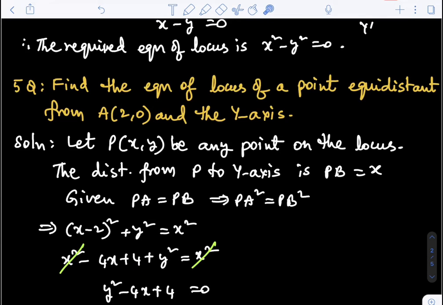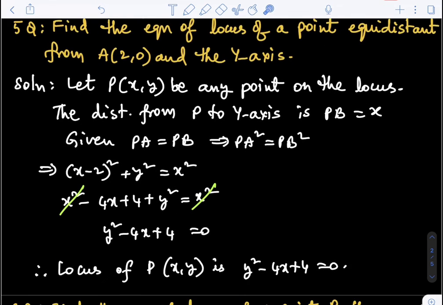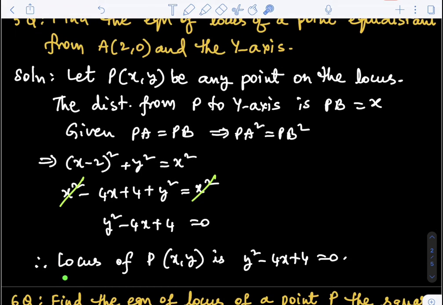After expansion we get these terms, and the same term on LHS and RHS is cancelled. The remaining terms give the required equation: the equation of locus is y square minus 4x plus 4 is equal to 0.